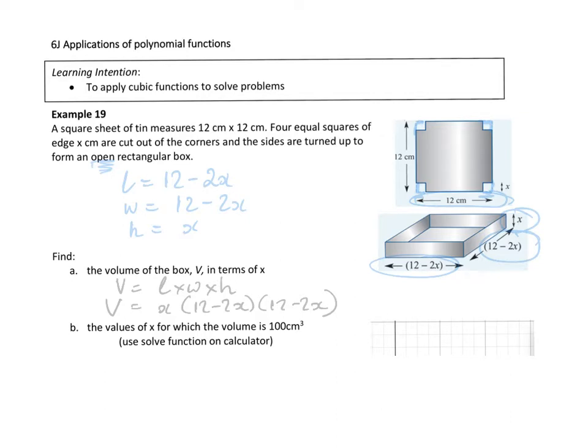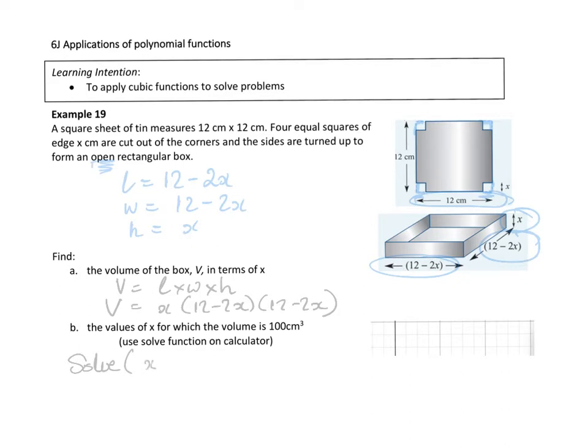The next bit says find the values of x for which the volume is 100 centimetres cubed. All right, use the calculator here, and into your calculator you would put, okay, so you're using the solve function, and this is your function.